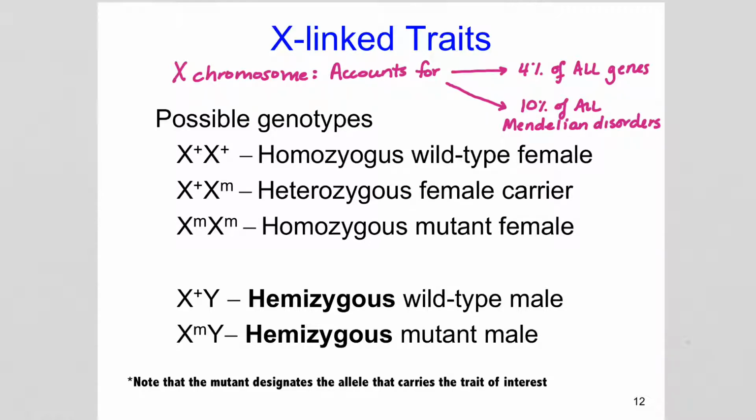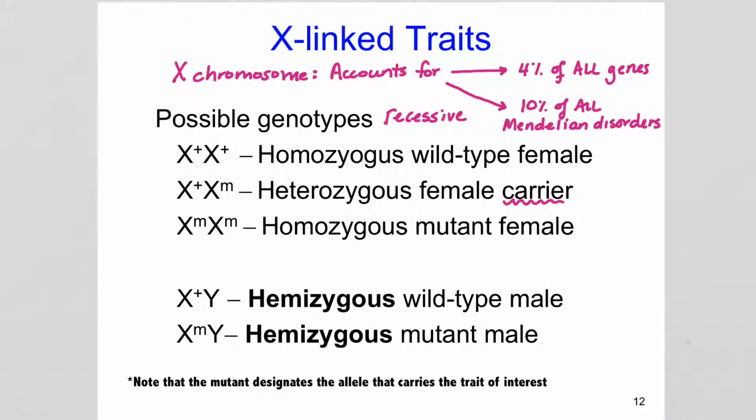So when we work through the possible genotypes in a scenario, and in this scenario we're going to be working with an X-linked recessive condition, that's because I see the term carrier, so I know we're dealing with a recessive disorder.